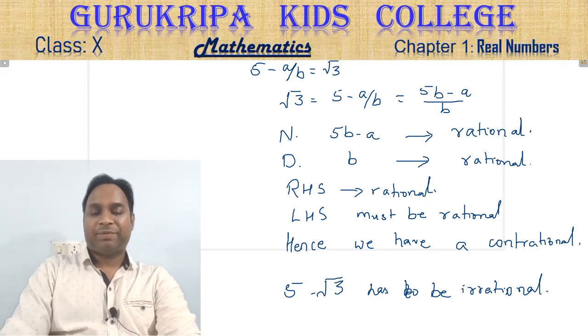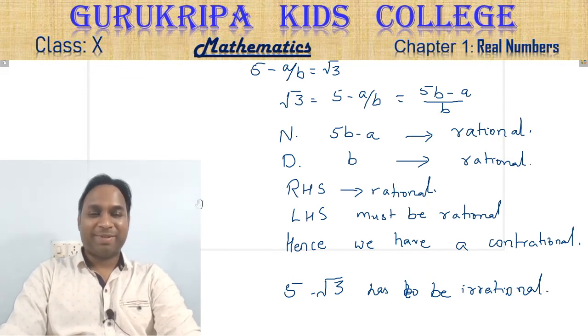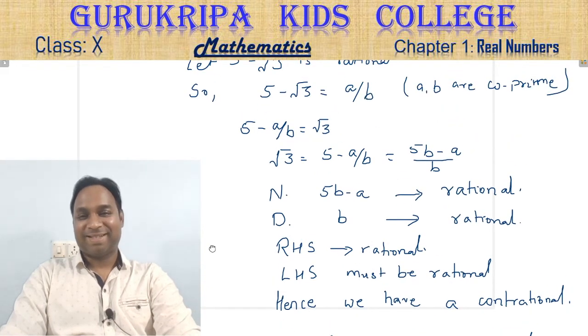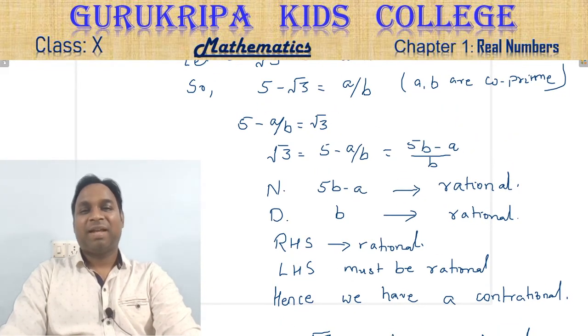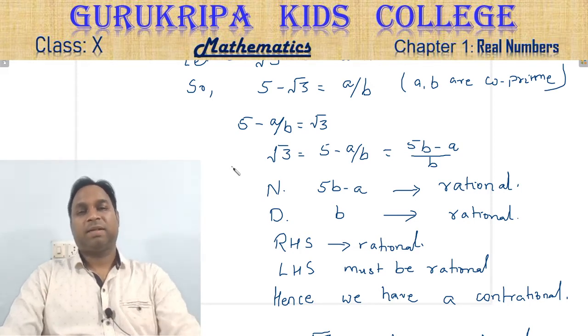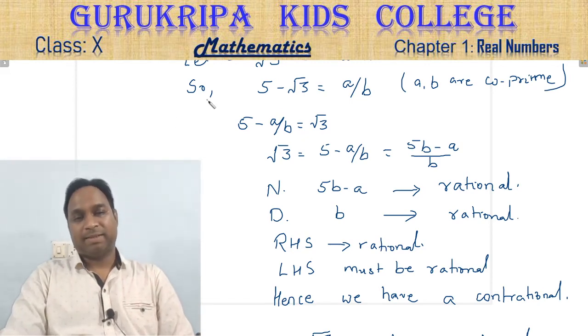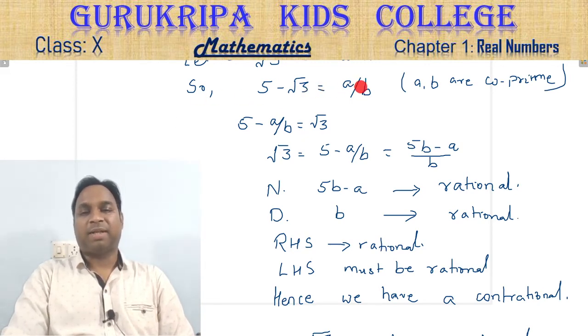Did you see the proof? How simple it was as compared to the previous one? See, we have assumed that 5 minus square root 3 is rational. Then we can write 5 minus square root 3 in the form a divided by b, where a and b are co-prime. Co-prime means integers also.